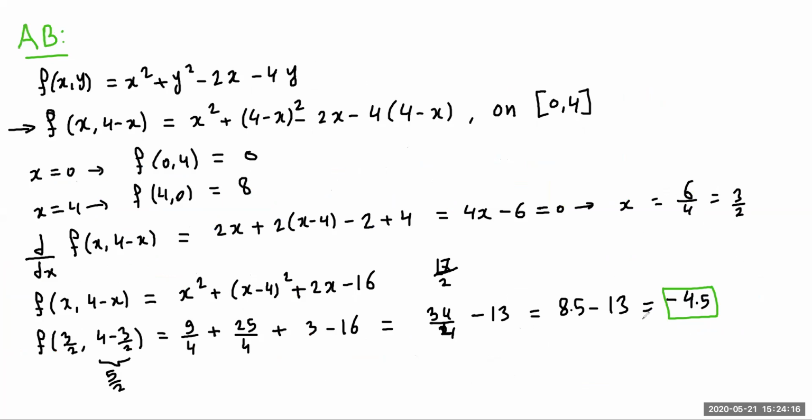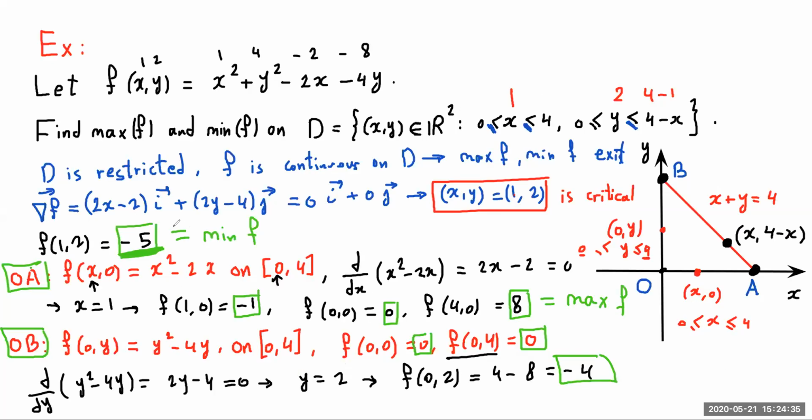The biggest number here is 8, so minus 4.5 I have, and I have minus 5. So the minimum of the function f is minus 5, and the maximum of the function f is 8. So here 8 is the maximum and minus 5 is the minimum.